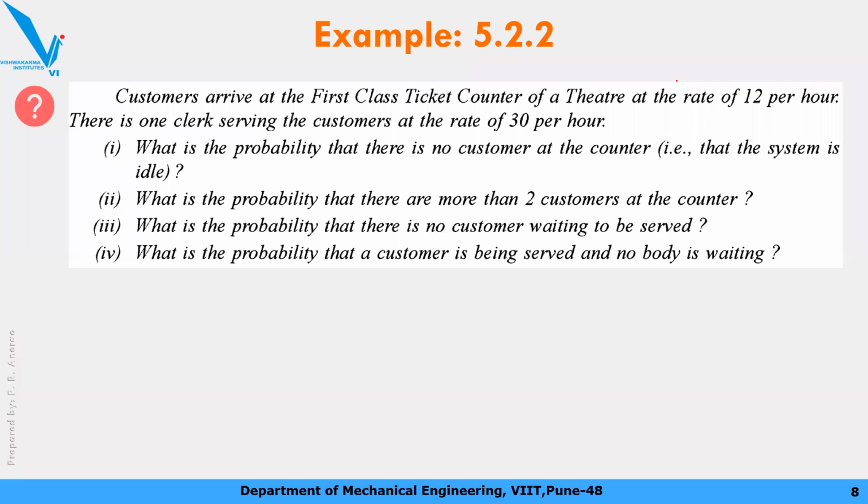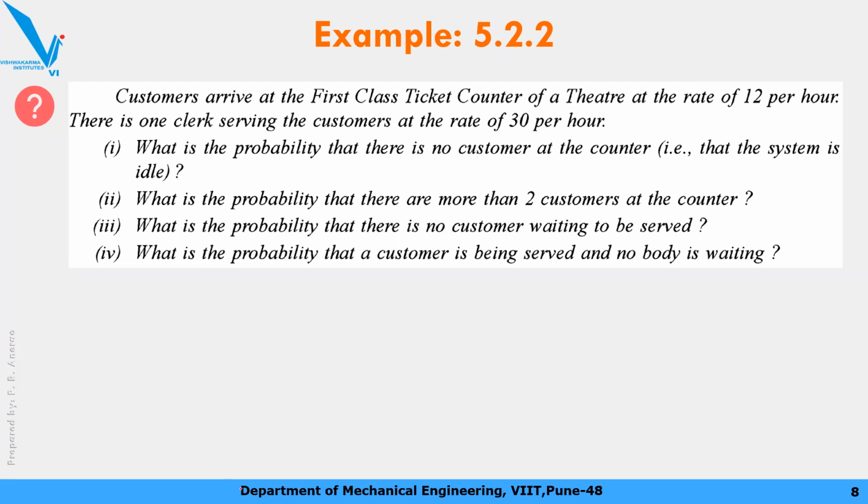Customers arrive at the first class ticket counter of a theater at the rate of 12 per hour. So the arrival rate is given as 12 per hour. So lambda is 12. There is one clerk serving the customers at the rate of 30 per hour. So customers को service मिल रहा है 30 per hour. So that is your mu.